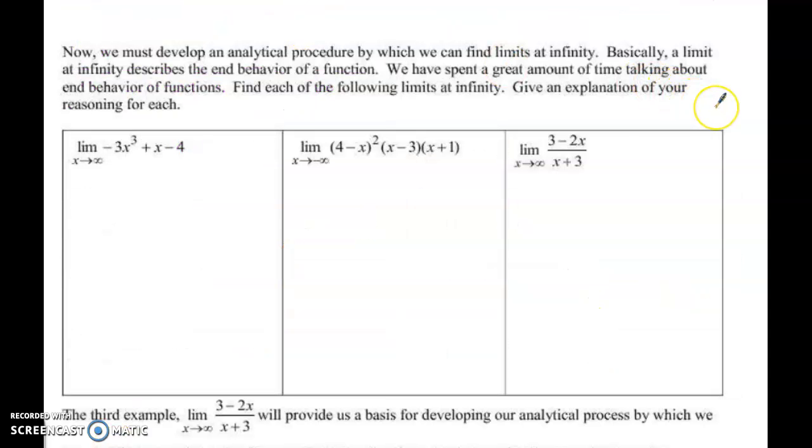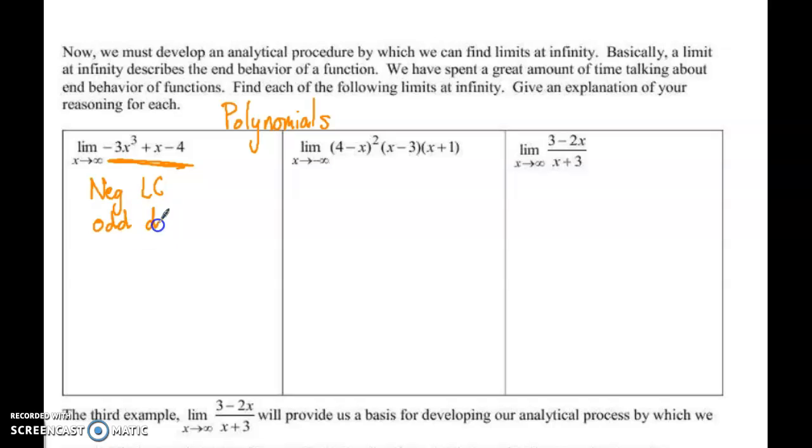Moving forward to the next page, you do need to make sure you remember the end behavior for polynomials. And again, just think back to Algebra 2, pre-calc, and things like that, where this is very nicely laid out. We have a negative leading coefficient with an odd degree.